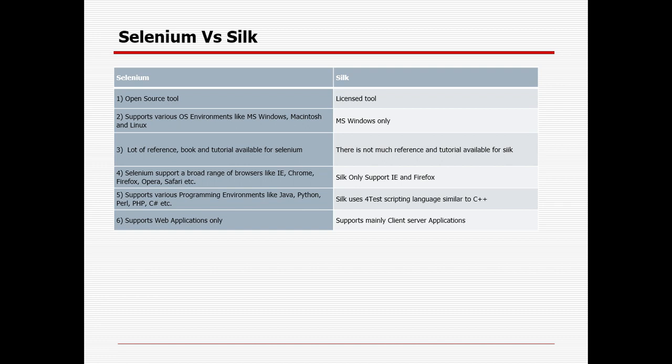Selenium supports a wide variety of browsers, whereas Silk supports only IE and Firefox. Selenium supports multiple programming languages, whereas Silk supports its own test scripting language similar to C++, right? Selenium supports web applications, and nowadays Windows applications, whereas for client-server applications, Silk is still the most preferred tool. For Windows-based applications you can use UFT, but for web-based applications Selenium is still the best tool in the market.